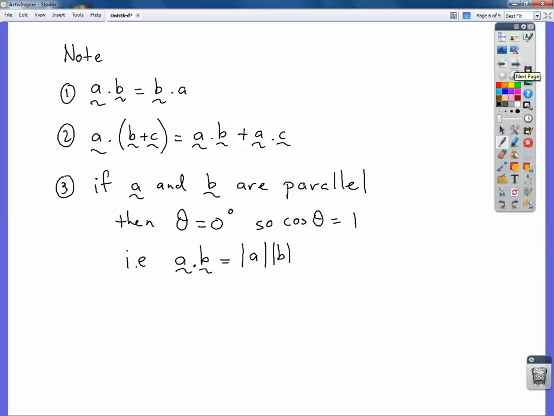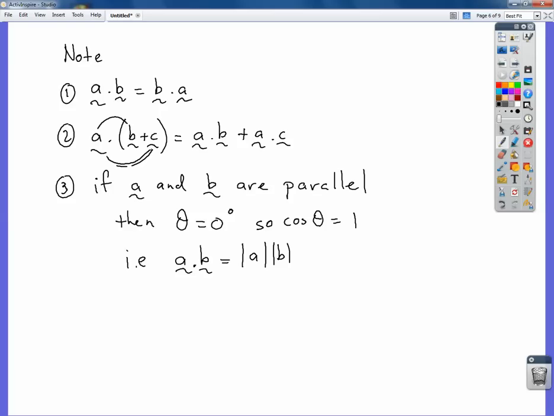Now, here's a few important points. First of all, A dot B equals B dot A. Here's the distributive law: A dot (B plus C) becomes A dot B plus A dot C. So you can use your normal distributive law.